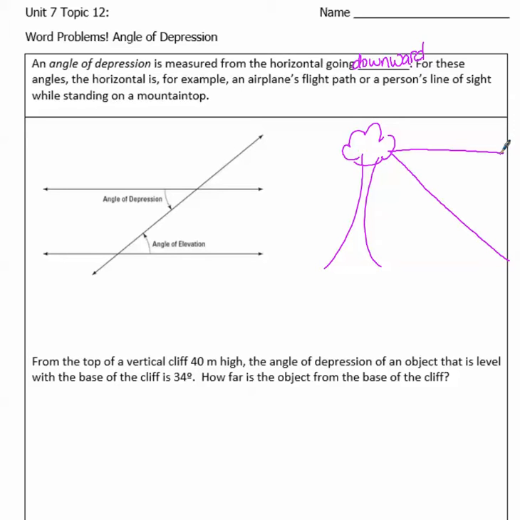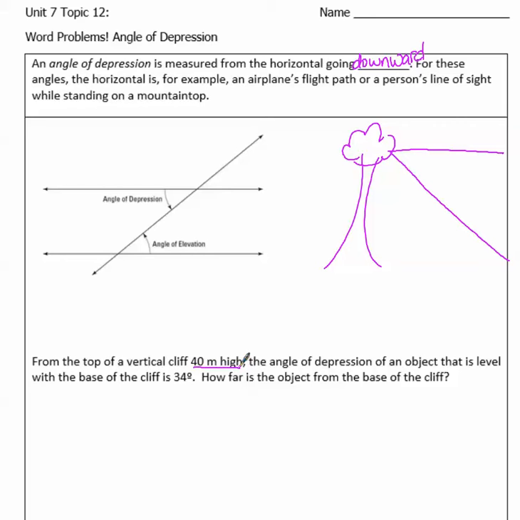So let's look at an example. It says from the top of a vertical cliff, 40 meters high, the angle of depression of an object that is level with the base of the cliff is 34 degrees. How far is the object from the base of the cliff?